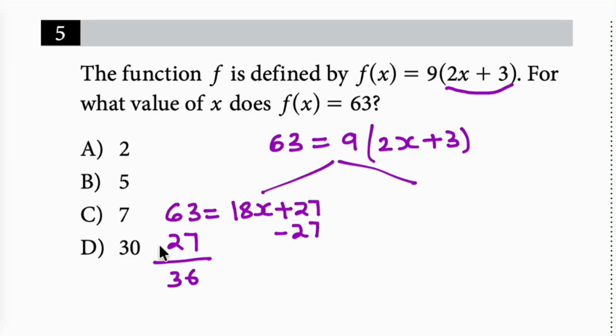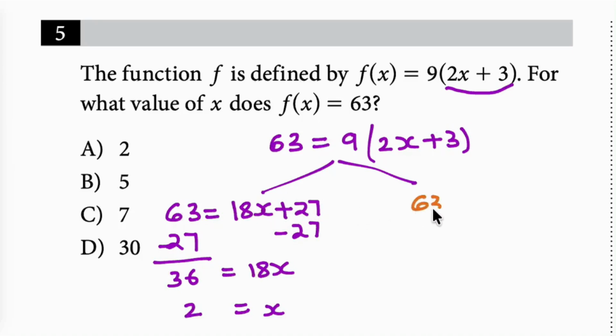So this is 36 is equal to 18x. Now dividing by 18 on both sides. So 36 by 18 is 2. x is equal to 2. And another method is like, why not divide by 9 on both sides first? So all this distributive thing will be deleted, right?